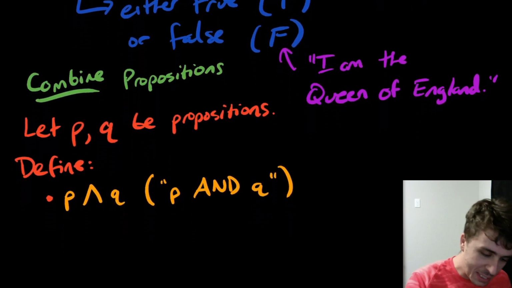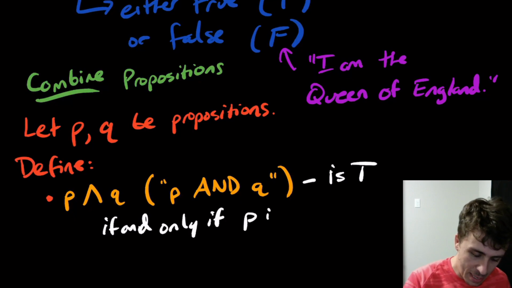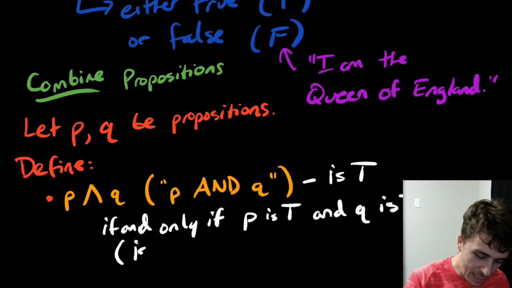And what is this defined to be? So this is true if and only if P is true and Q is true, and is F otherwise.